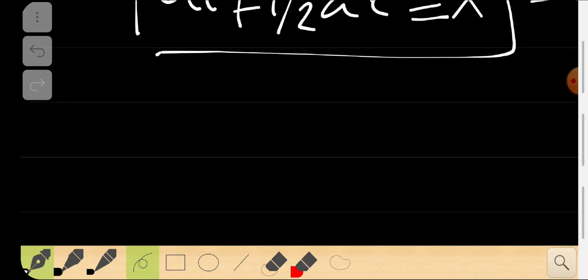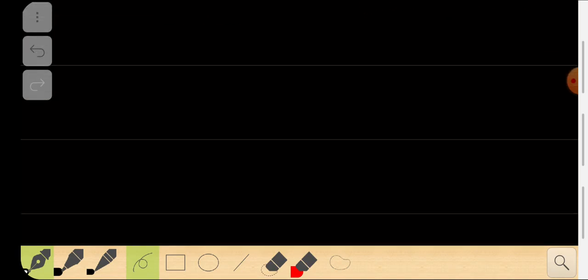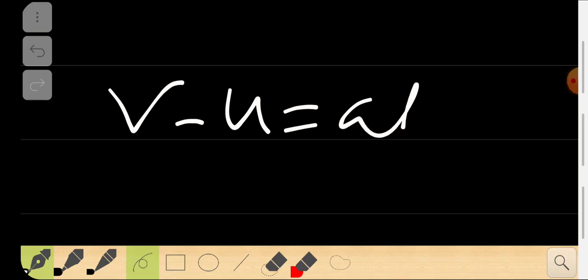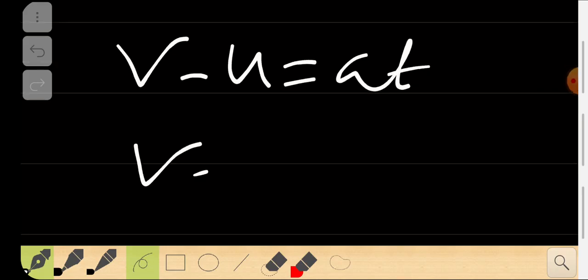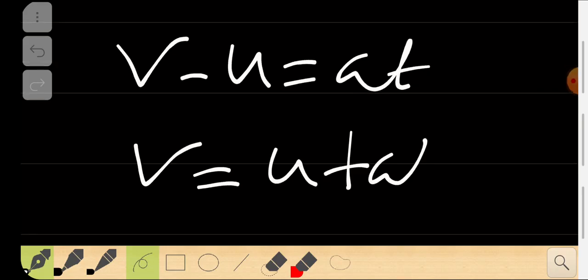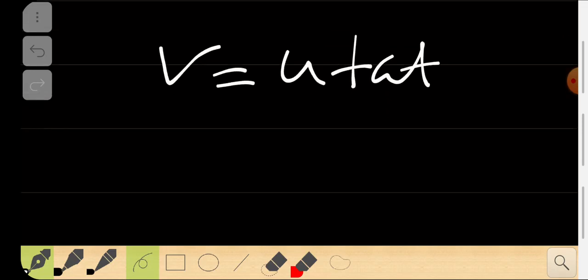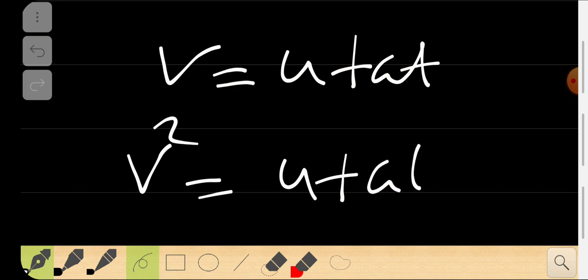Now if I get back to the first equation, you'll find that v minus u is equal to at, right? So v is equal to u plus at, and if I square that, you get v square equal to u plus at the whole square.